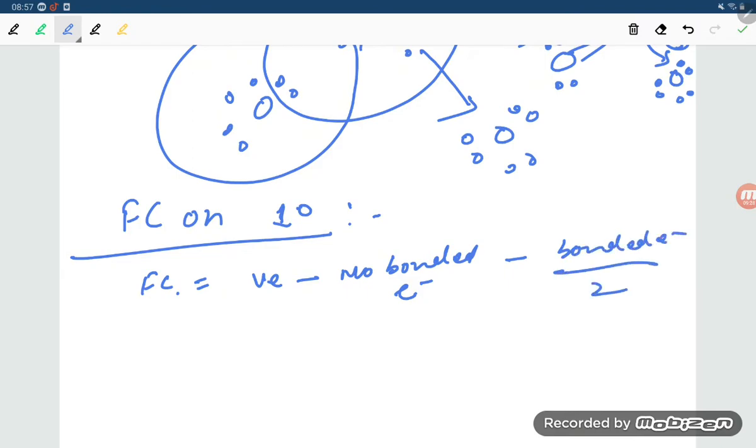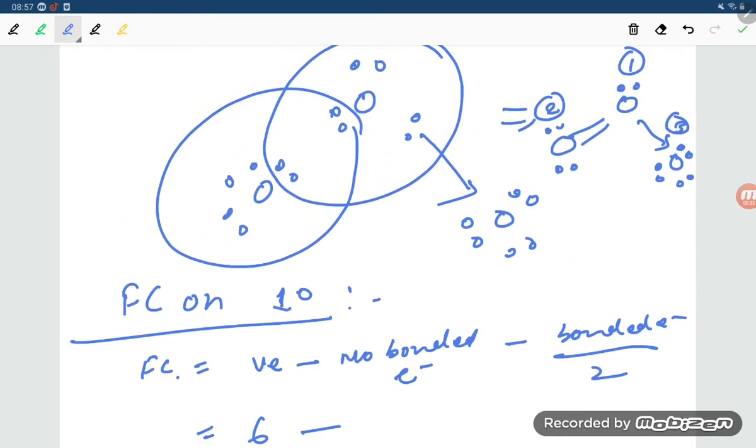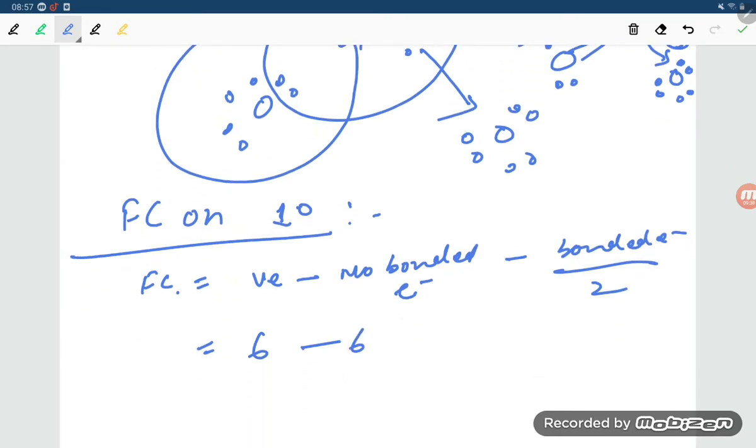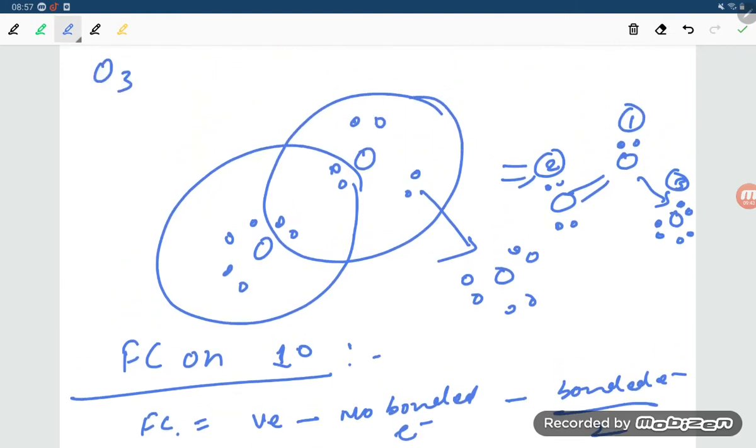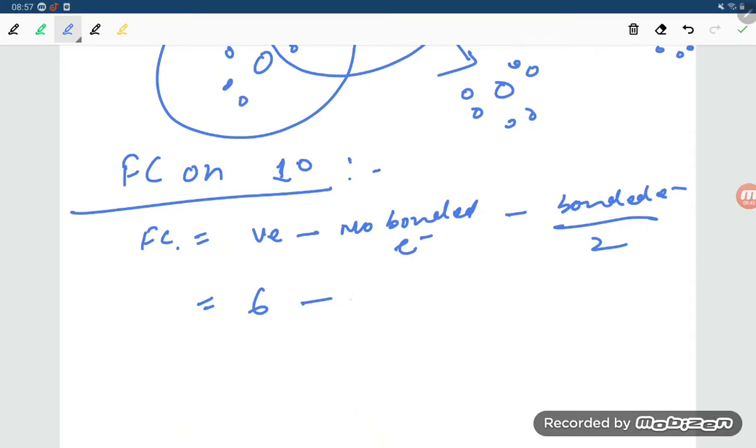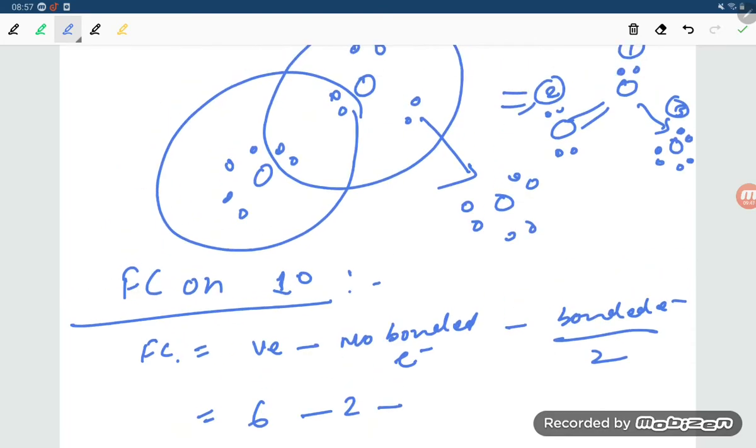So student, the valence electrons in the oxygen atom are always how many? That is 6 valence electrons. Minus the number of non-bonded electrons, how many are there? 2, 4, 6. Sorry, the number of non-bonded electrons is 2. Minus 2, minus what is the bonded electrons?